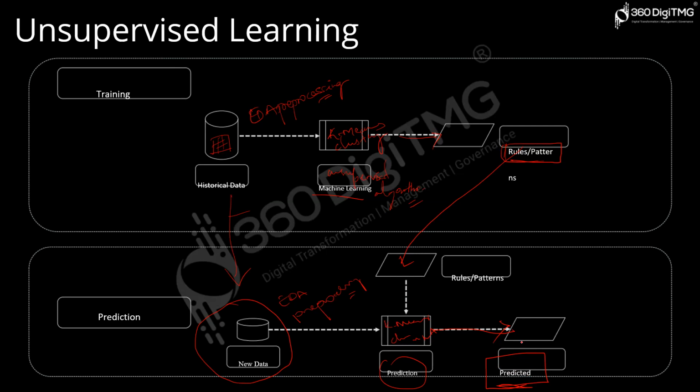Based on these predictions, we get some predicted outcomes. Now the unsupervised learning algorithm is complete. If we get the predicted outcome with the highest value, that would be our exact predicted outcome.